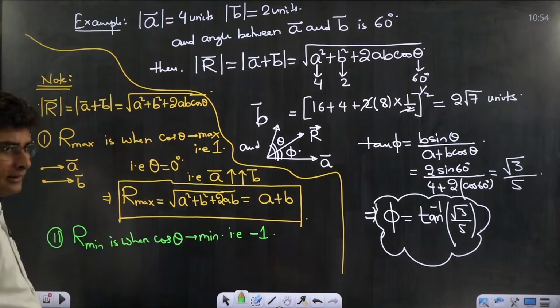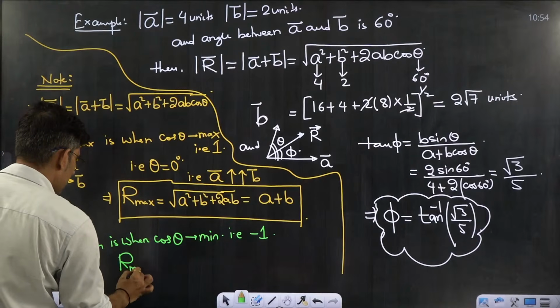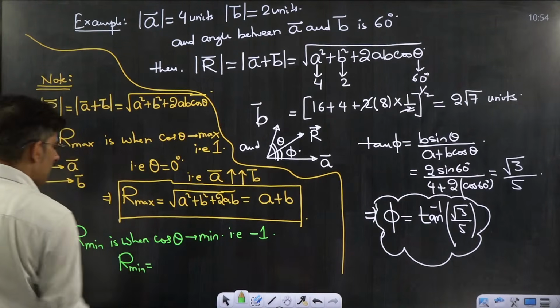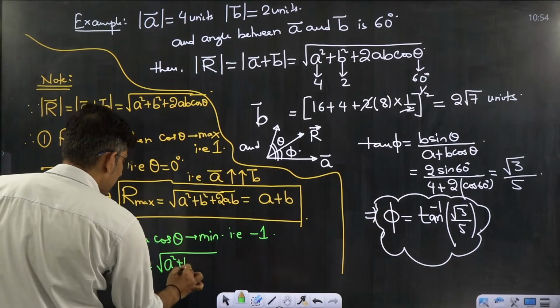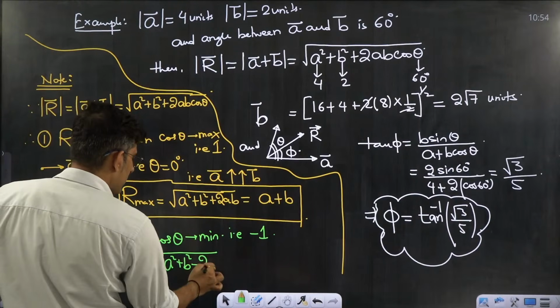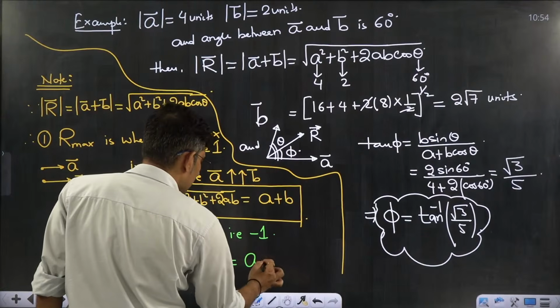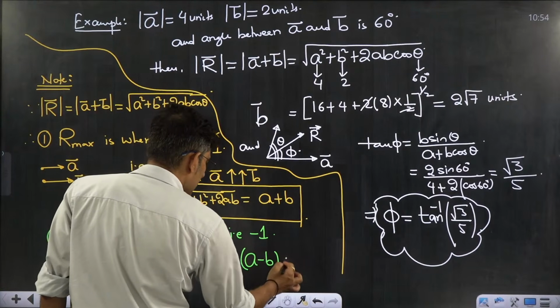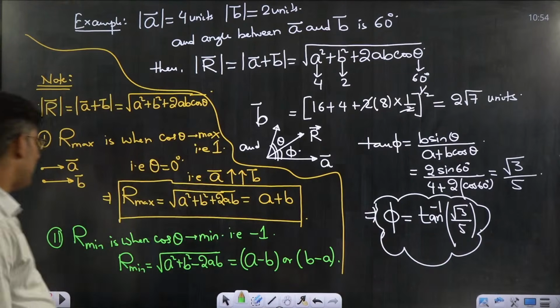So if you take minus 1, then R min will become under root of a square plus b square minus 2ab, which can be written as a minus b or b minus a, whichever is bigger minus smaller.